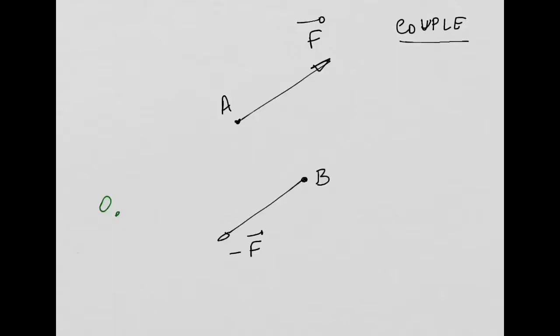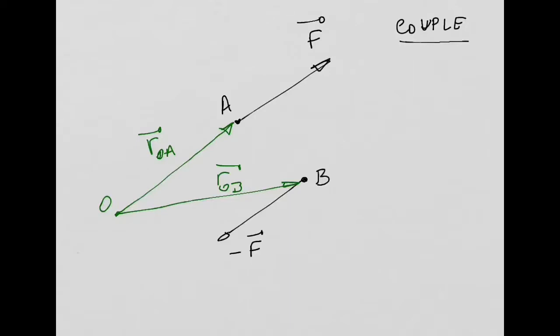I need to define this position vector connecting point O to point A. I will call it ROA. And I need to define this position vector connecting point O with point B. I will call it ROB. Okay? Everybody's following?